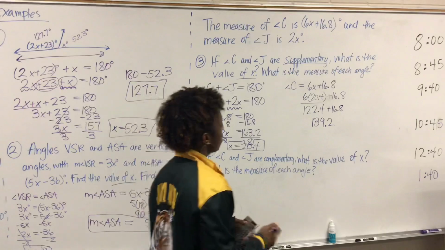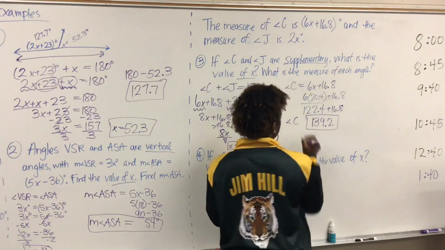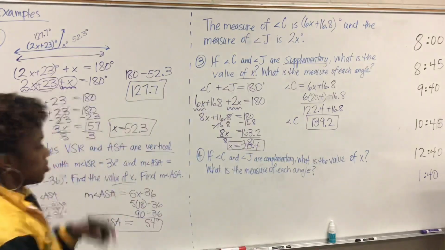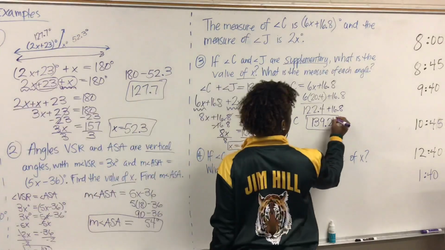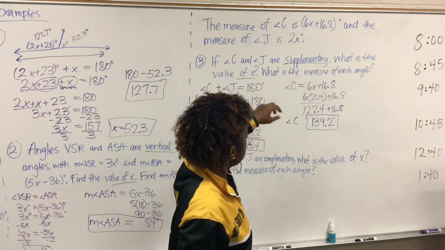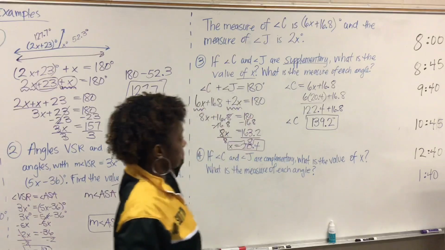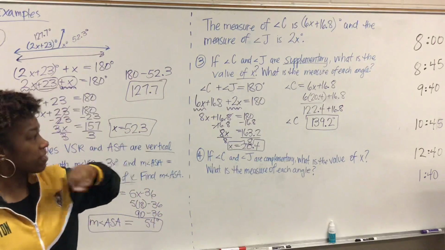Now, at this point, angle C equals 139.2 degrees. I can subtract this from 180 because I know angle C plus angle J equals 180.